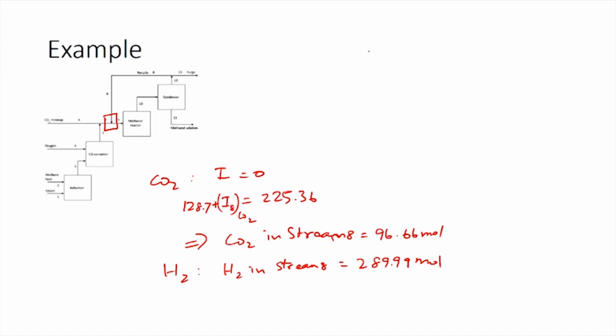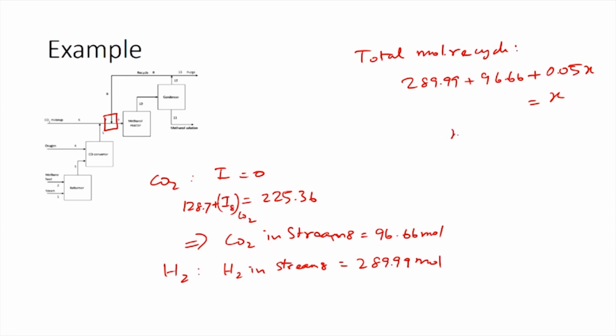So, we know that the total moles of recycle would contain hydrogen at 289.99 moles, carbon dioxide which is 96.66 moles plus whatever would be the moles of nitrogen which is basically 5% of the total moles, so which is 0.05 times x, and x is the total number of moles.